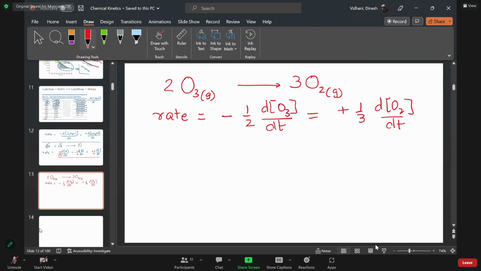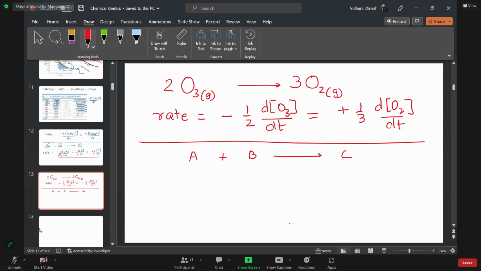Okay. So the next one is about the order of reaction. Now let me give you one example over here. Let's start with a simple generic equation where I have A plus B giving you C. Now, as I mentioned, the rate always depends on the initial concentration of the reactants.